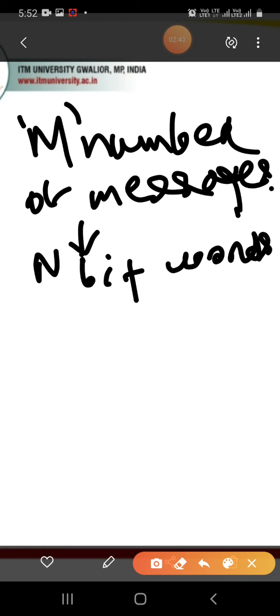So M number of messages are coded into n bit words. That means M is equal to 2 to the power n.